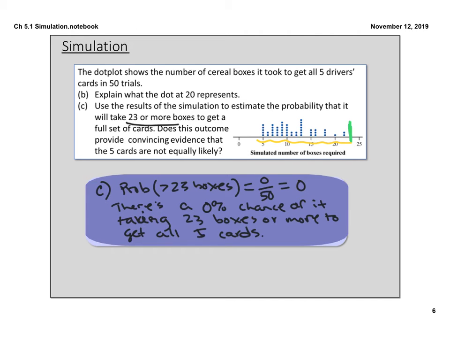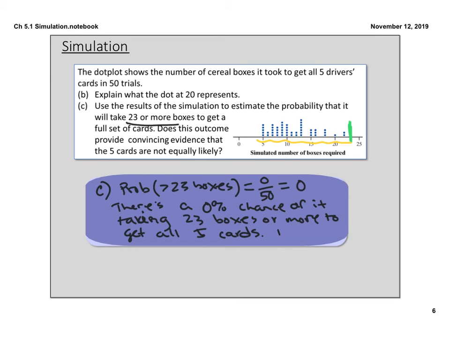So what this person was saying here is that there's no way that the cards are all equally likely in the box. There's no way. It took me 23 boxes to get all 5 cards. And you're telling me that there's a 0% chance that if the cards were equally likely, I'd have to buy 23 boxes. So since it's so unlikely for me to need to buy 23 boxes, that tells me that it's really convincing that the cards are not equally likely to appear in each box.